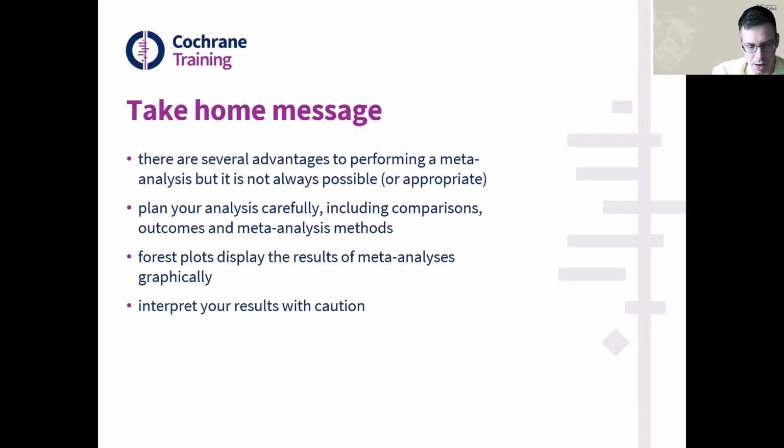The forest plot is the way to display it and interpret it, but always be careful about interpreting your results, thinking about the science behind them, not just the stats. Think about what they really mean in reality, because the people reading your review aren't going to be statisticians or systematic reviewers, but are interested in the medical interpretation of it.